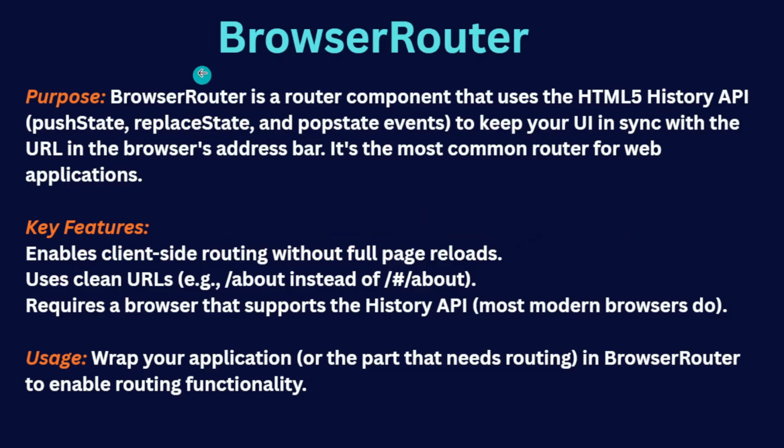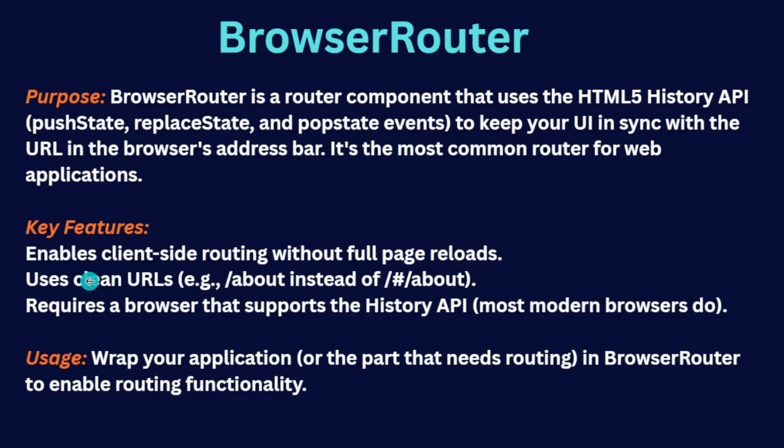And now this is a term, browser router. This router is coming from React Router, okay. The purpose is that browser router is a router component that uses the HTML5 history API, like push state, replace state, and pop state events, right?